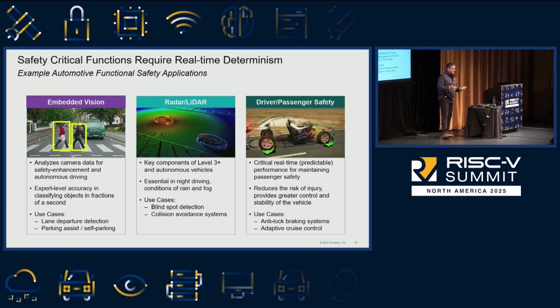This is all critical for both the passengers and the drivers in the car. So anti-lock braking systems, adaptive cruise control, making sure that the car stays the correct distance and it can brake in time if need be, things like that. All of these need to have real-time determinism in the processing for the chips that support the applications.